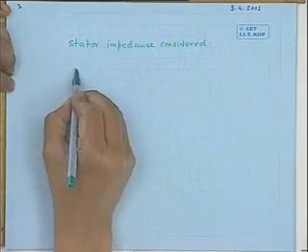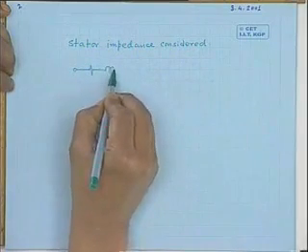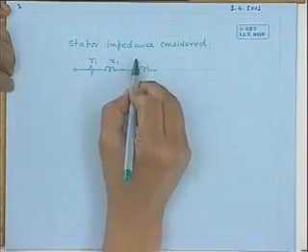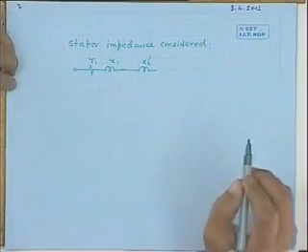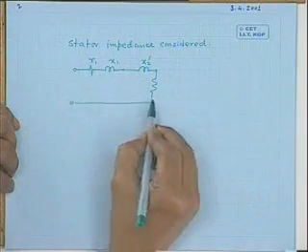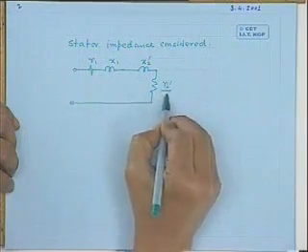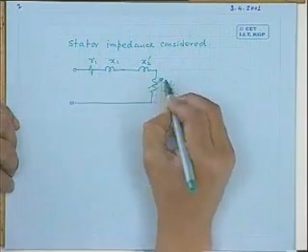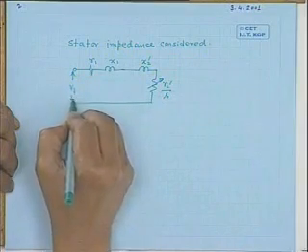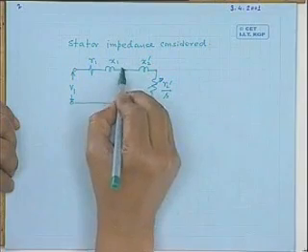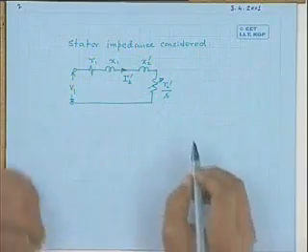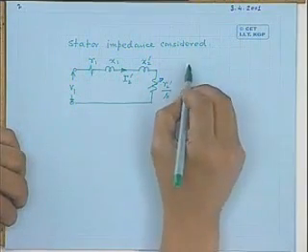In that case, the equivalent circuit per phase will be this way: R1, X1, and this will be the rotor deflected standstill leakage reactance per phase, and the rotor resistance per phase divided by S, when the machine operates at a slip S, and this is the applied voltage per phase. At this point the current drawn is, suppose, I2 dashed. Once again I will repeat those steps so that you can understand.